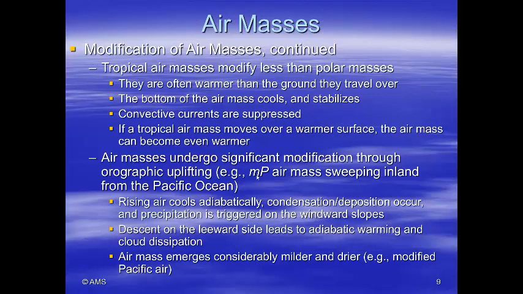For instance, if the bottom of the air mass is cool and it gets pushed up into the atmosphere, it's more dense than the air surrounding it, and it gets pushed back down. Therefore, there are no convective currents. If a tropical air mass moves over a warmer surface, then the air mass can become even warmer.